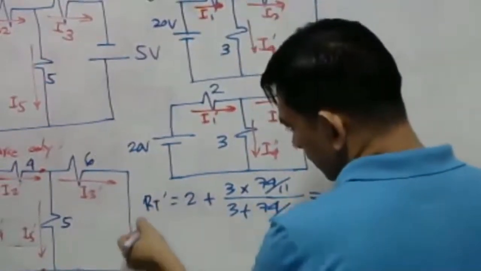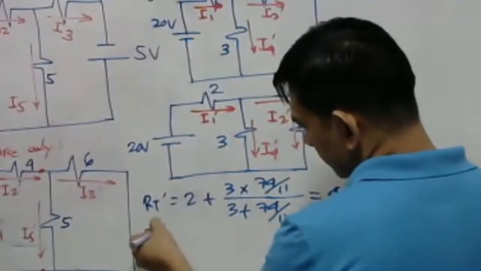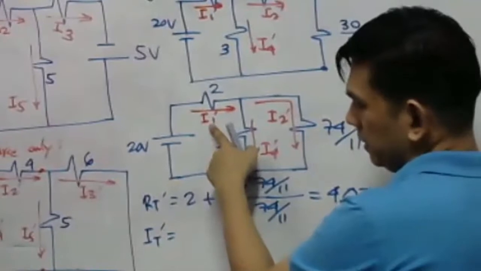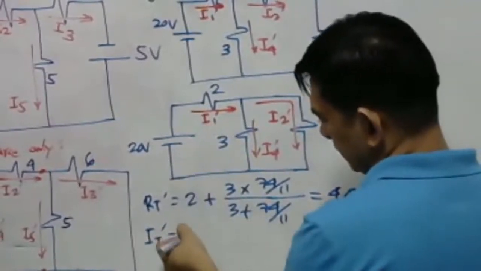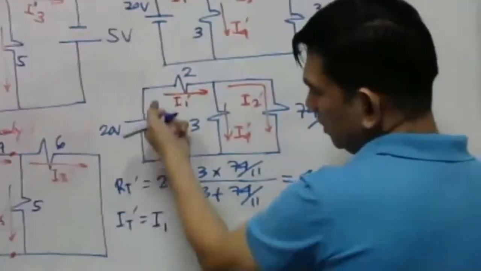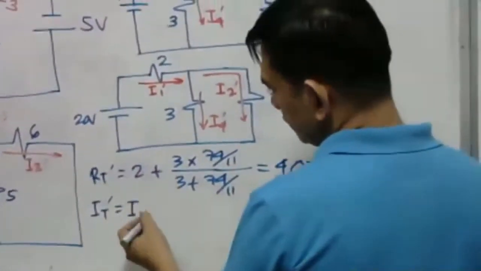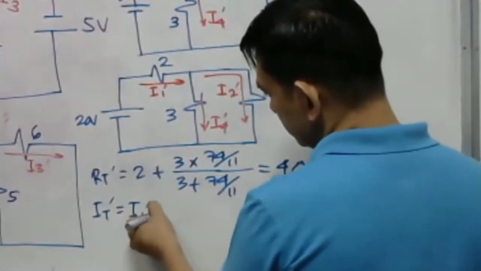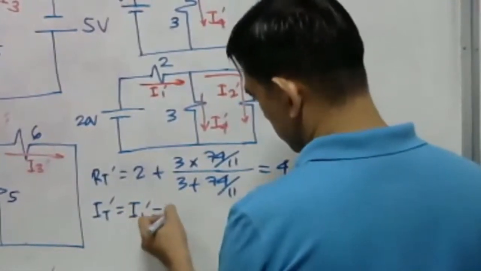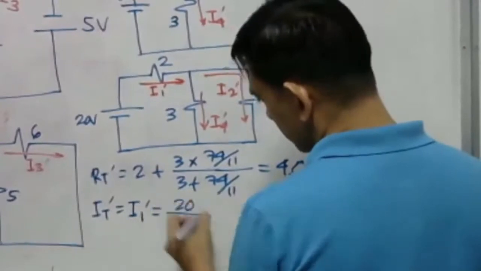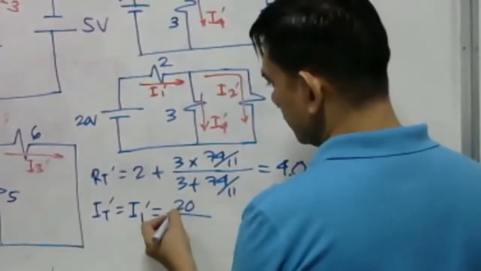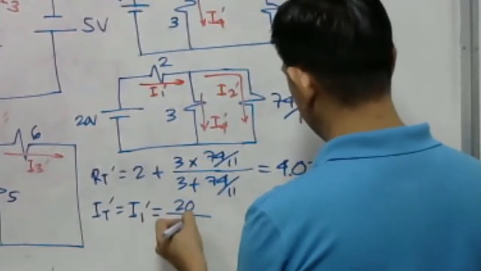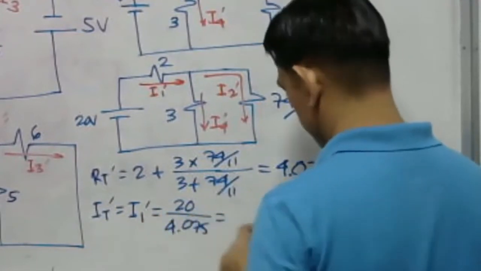Okay, let us solve our I total prime, which is equal to I1 prime. I1 prime is the current that will be coming directly from the 20-volt source. So, that's equal to Ohm's law, which is 20 volts divided by the R total prime, which is 4.075.